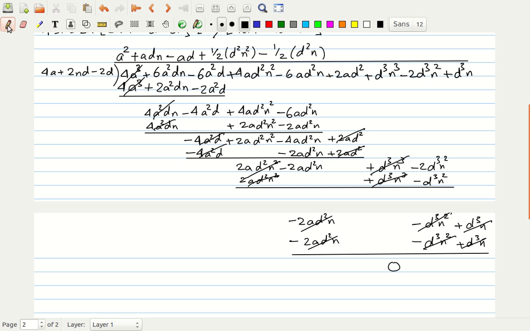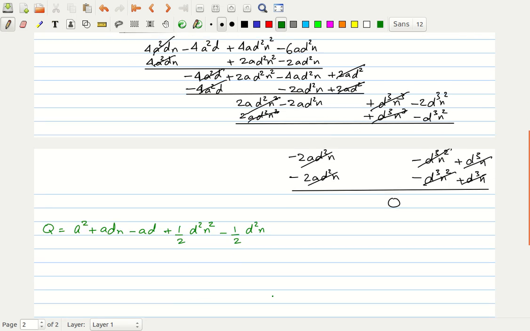Our quotient after dividing is q is equal to a square plus adn minus ad plus half d square n square minus half d square n. So this is the quotient that we got after dividing.